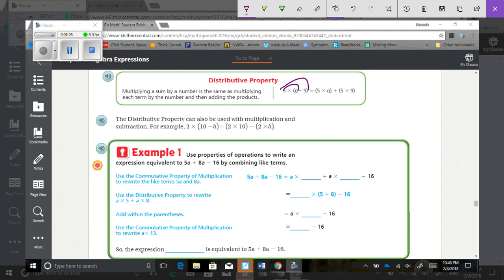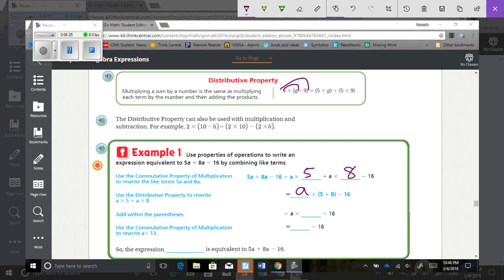So 5a plus 8a minus 16 equals a times 5 plus a times 8 minus 16. We're going to use the distributive property to rewrite a times 5 plus a times 8, simplifying that down to a times (5 plus 8) minus 16.